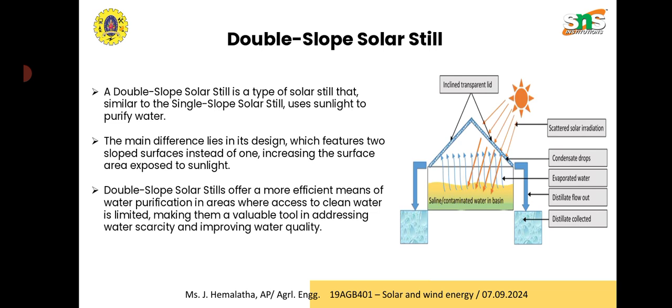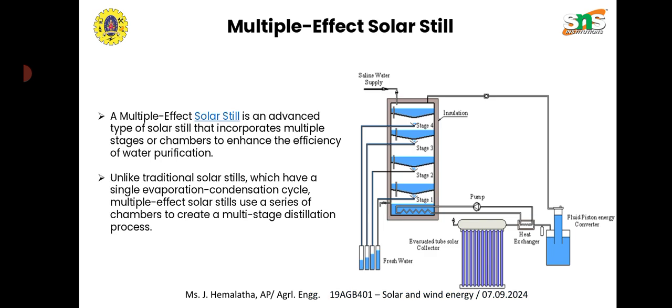The major difference is it has two sloped surfaces as a roof, which improves the condensation efficiency. The advantage is better performance compared to single slope stills in some conditions.